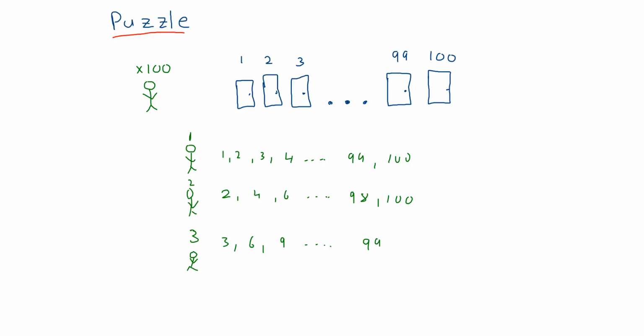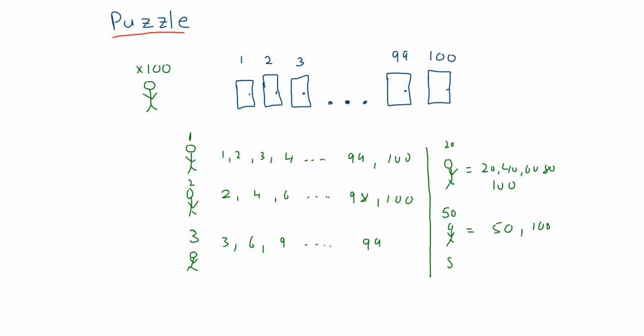Now, what switch do you think the 20th person is going to flick? And I'll just put my 20th person over here. Person 20 is going to flick switch 20, 40, 60, 80, and 100. Person 50, there they are, is only going to flick switch 50 and 100.